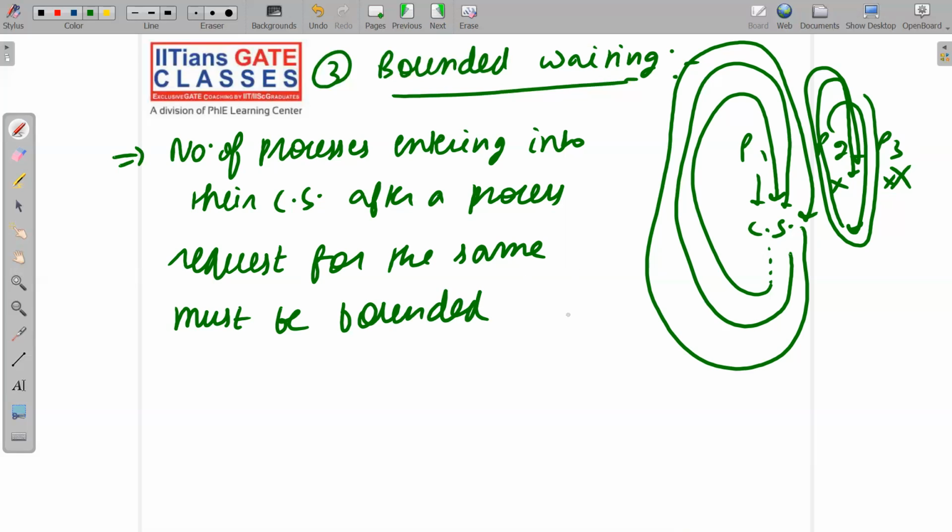That is the basic definition of bounded waiting. So the number of processes entering into the critical section after a process requests for the same must be bounded. Okay, so see this: bounded waiting is concerned with the number of processes.